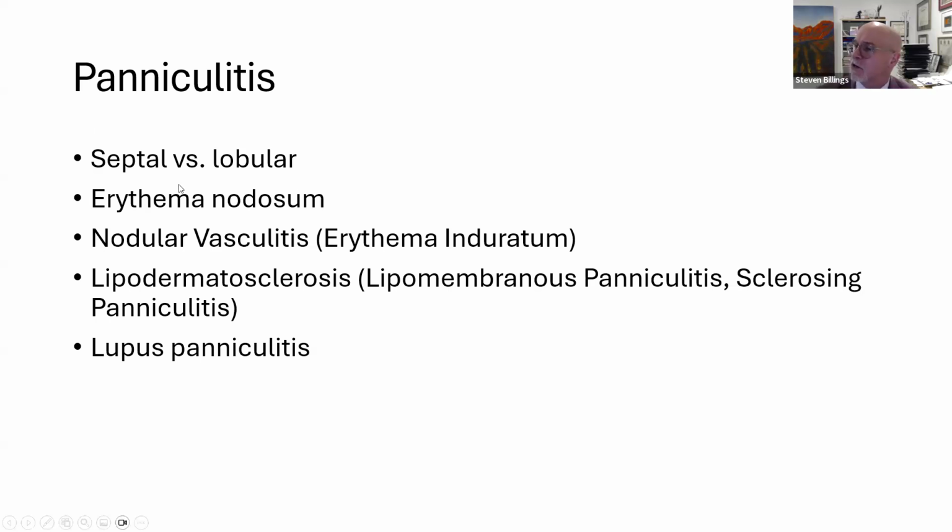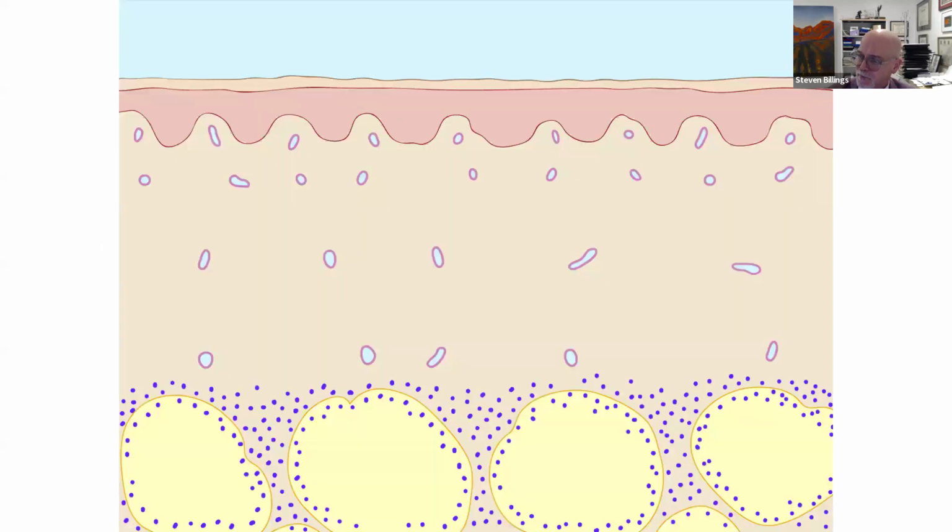And the ones we're going to talk about are erythema nodosum, erythema induratum or nodular vasculitis, lipodermatosclerosis, also going by the name of sclerosing panniculitis, lupus panniculitis, and I'm also going to talk about calciphylaxis, because that is in a way also a form of panniculitis, although it's sort of a combination of a thrombotic vasculopathy and panniculitis.